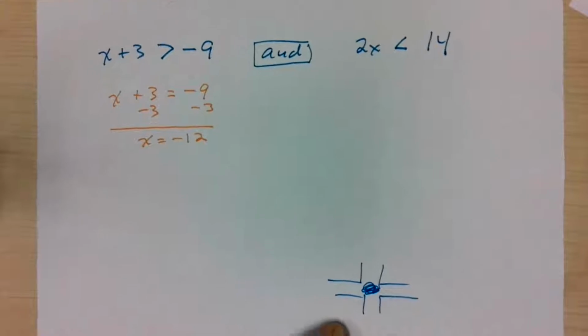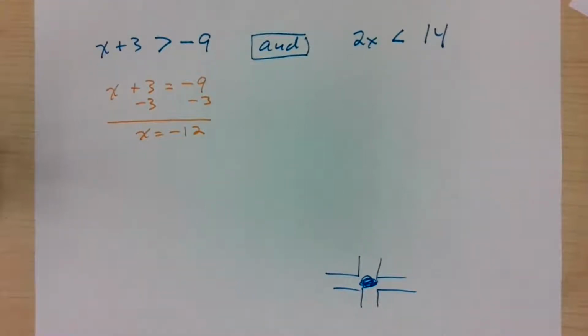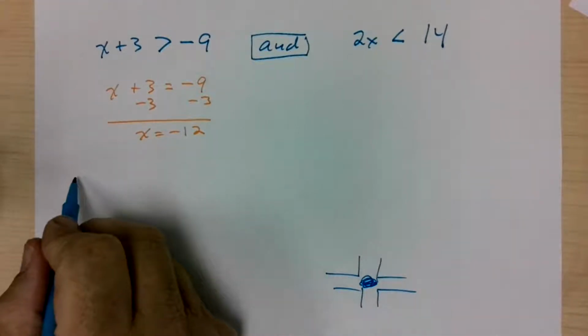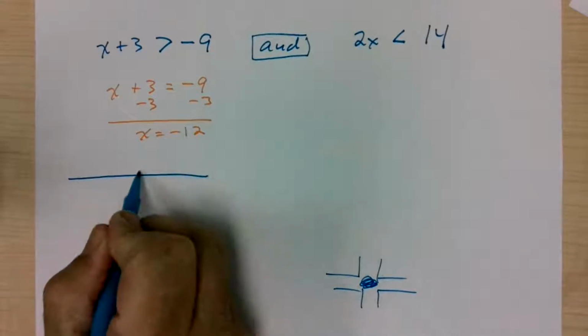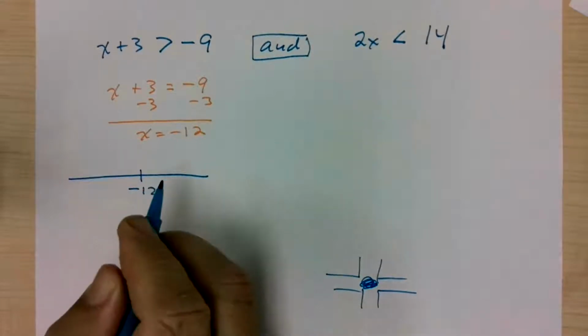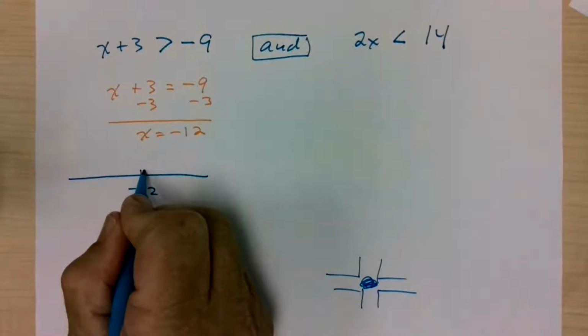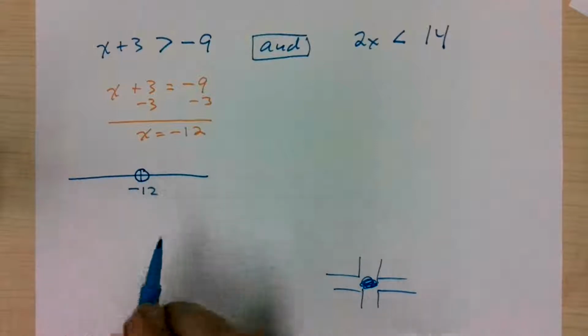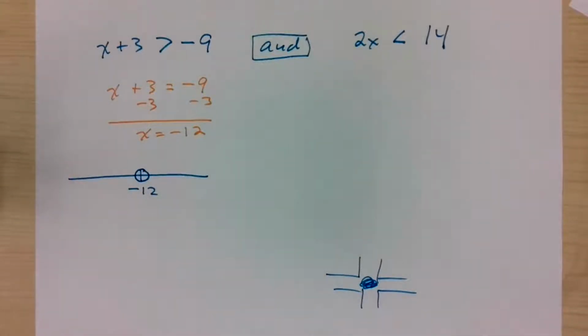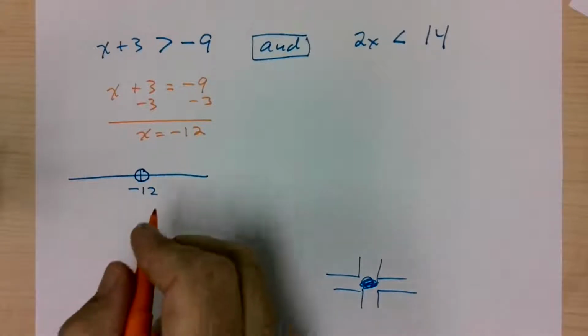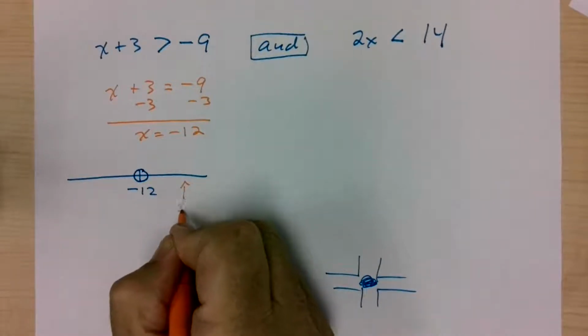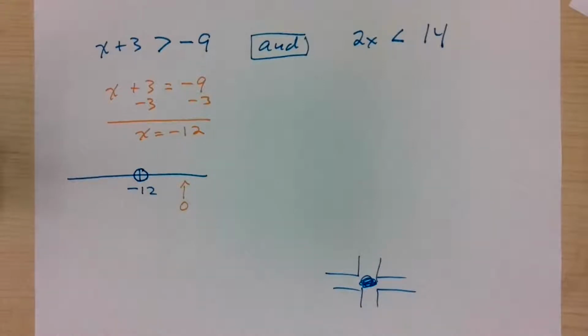So I'm going to draw my number line with negative 12 in the middle, and I'm going to test on either side of negative 12. So negative 12 is here. That is open. Now, where is 0? Negative 12 is a negative number. 0 is to the right of negative numbers. 0 goes here.